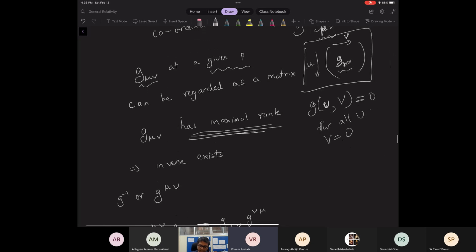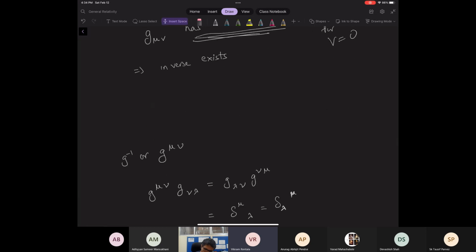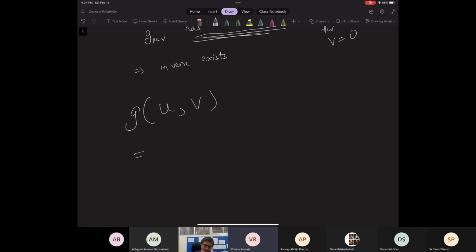Because now I can regard the dot product of two vectors u and V, so let's just work it out. If I take G acting on two vectors u and V, in components, this is G mu nu, dx mu, dx nu, acting on, let me expand u in a coordinate basis, partial x alpha, and let me expand V in a coordinate basis.